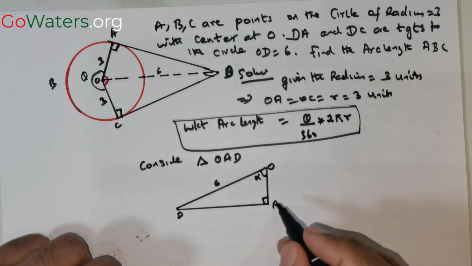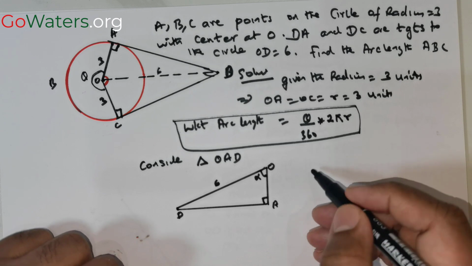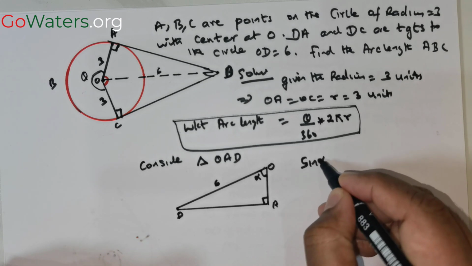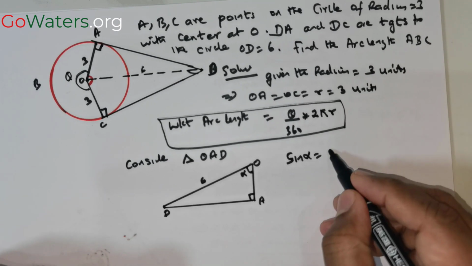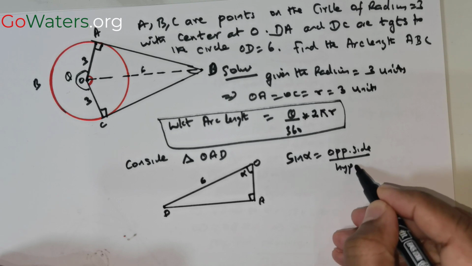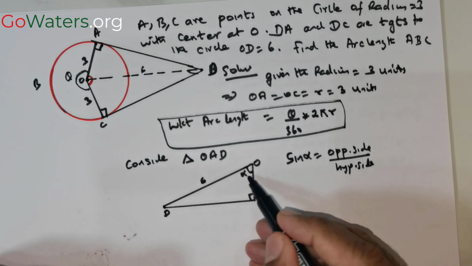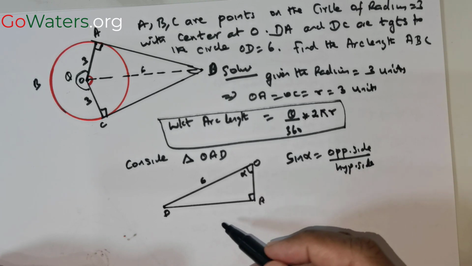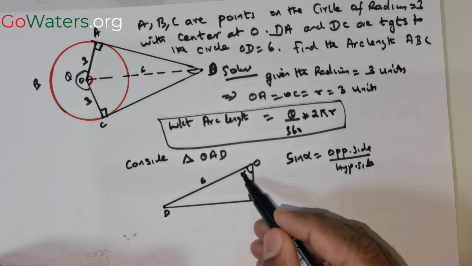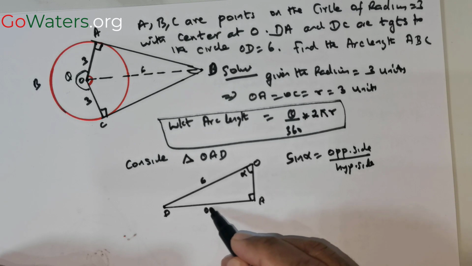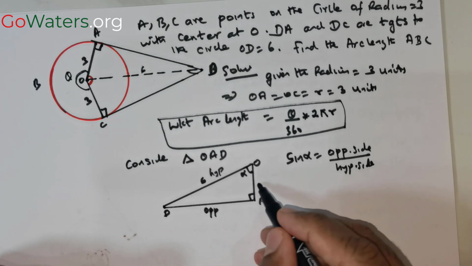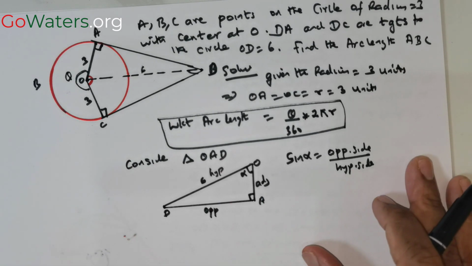Now I would like to draw your attention to trigonometry. If I take sine alpha, it is equal to opposite side divided by hypotenuse. When we talk about the opposite side, the side that is facing alpha is going to be the opposite side. So this is my opposite side, this is my hypotenuse, and this is my adjacent side.